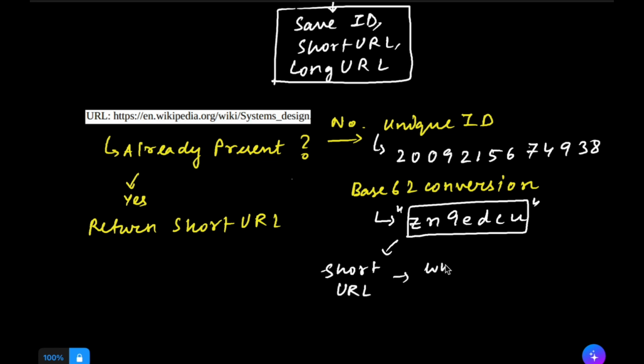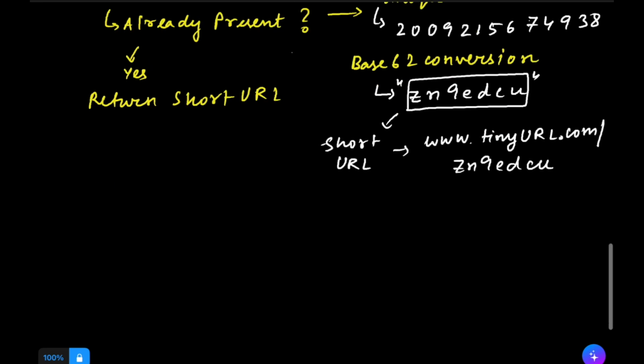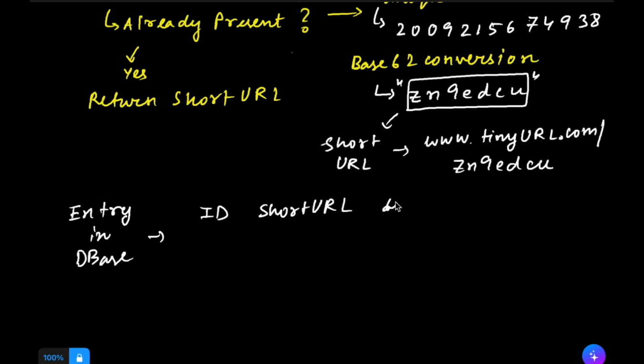So let's say this is tinyurl.com/ZN9EDCU. Finally we store an entry in the database. In the database we have our ID, the short URL and the long URL.